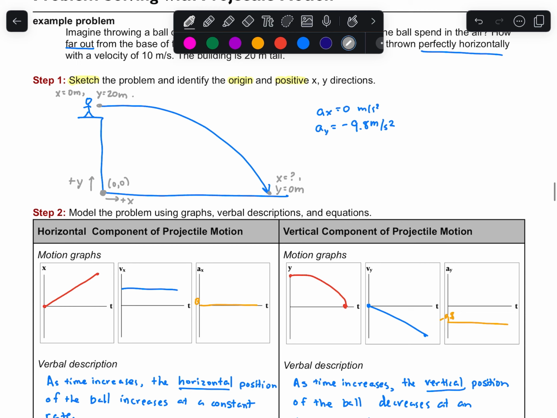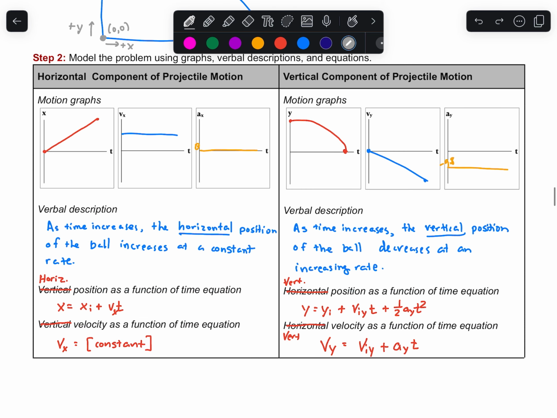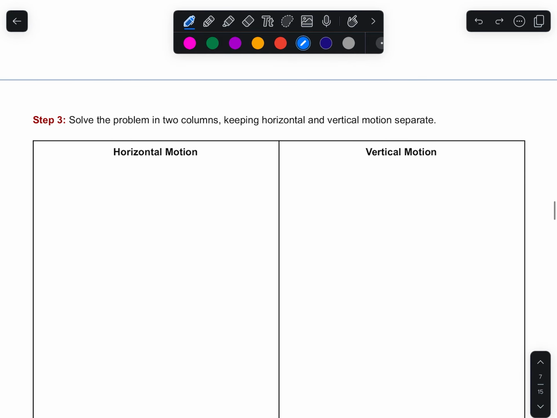I'm going to return to the diagram because I realized something else that I left off: the initial y velocity starts off at 0 because we threw the ball perfectly horizontally. And the other thing I need to add on here is that I actually know the horizontal velocity that was given to me.